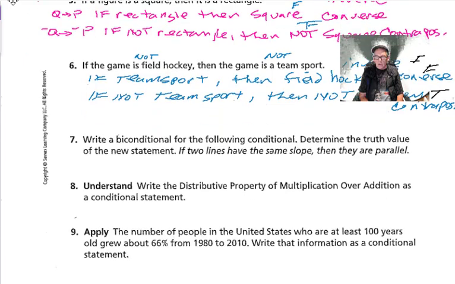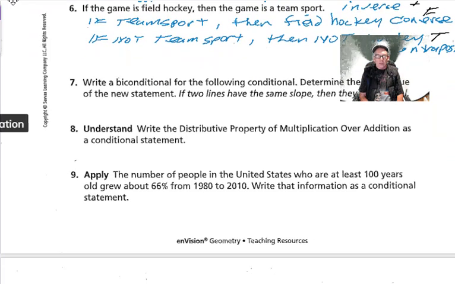Let's look at number 7. Write a biconditional for the following conditional. So remember, that's the one that has if and only if. And it works both ways. So two lines have the same slope if and only if they are parallel.